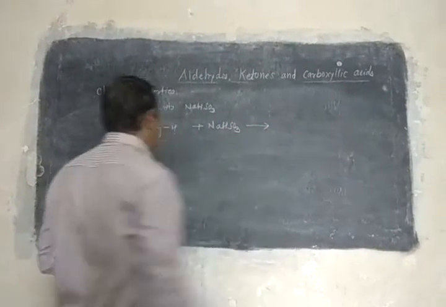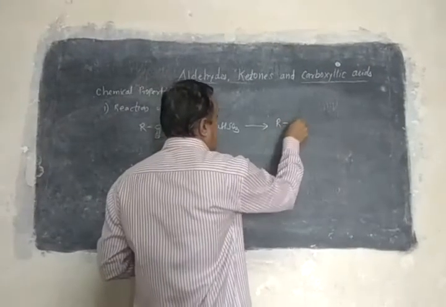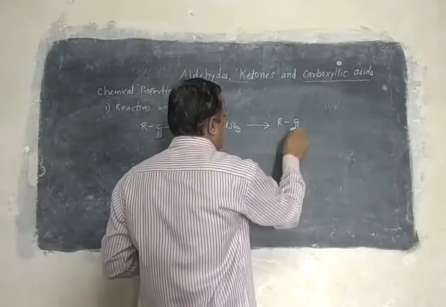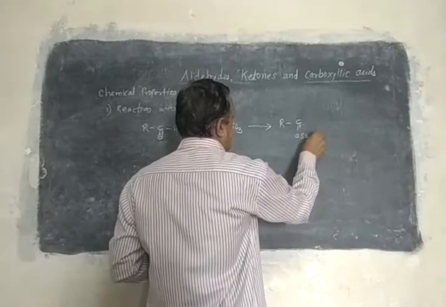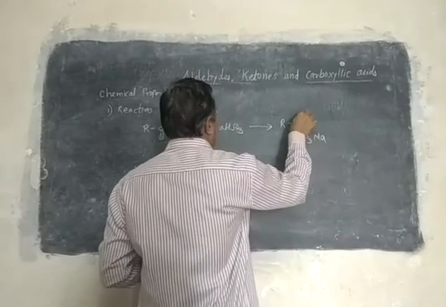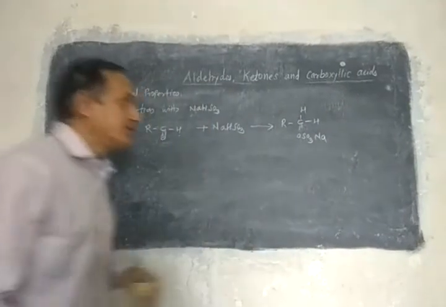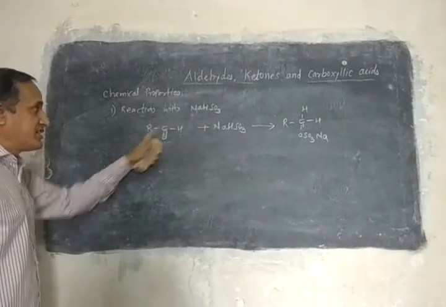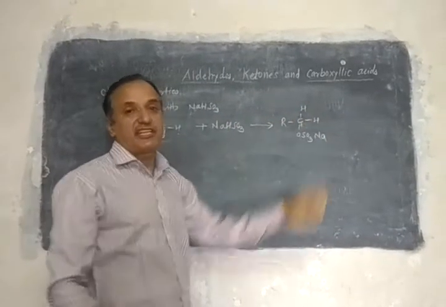After adding across the carbonyl carbon, we get the product R, C, single bond O SO3Na, and here H, here also H. If you take a ketone, we get R here instead. It is a simple reaction.